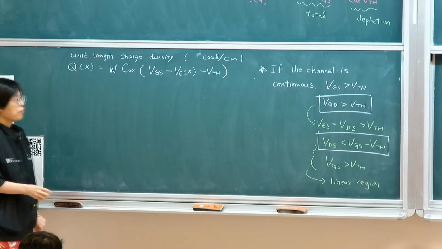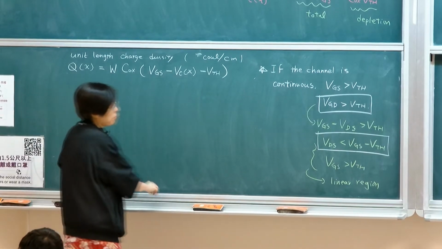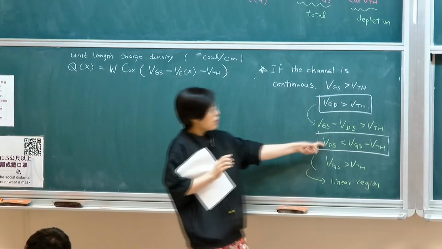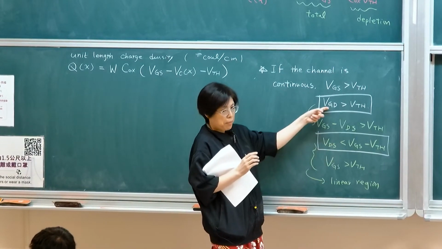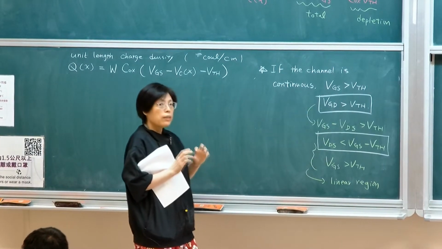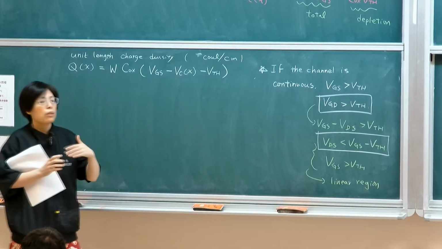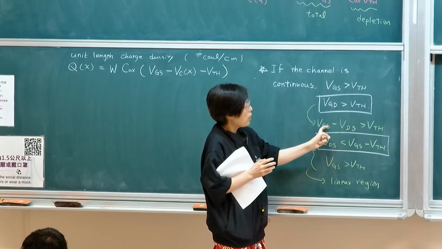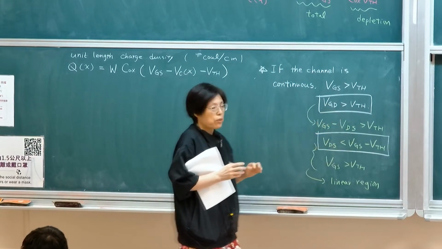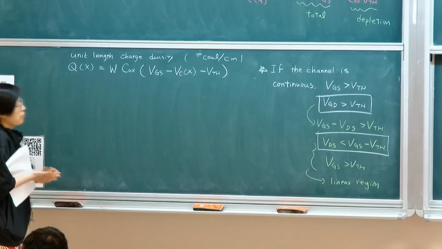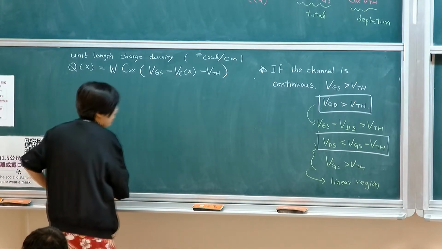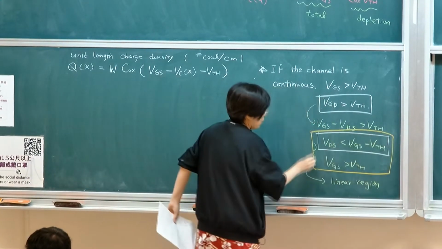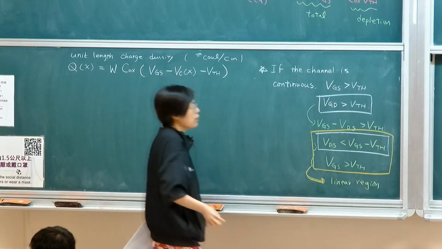So this one is identical to this requirement. It's the same, just a different way of describing it using drain and source voltage, instead of using gate and drain voltage. So this too defines that it's operating in the linear region.